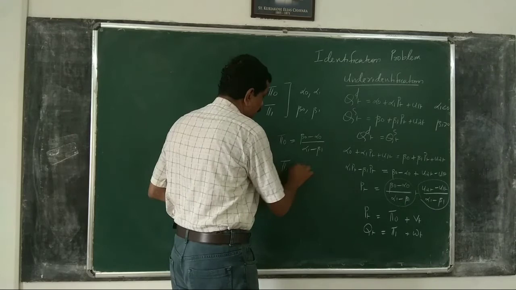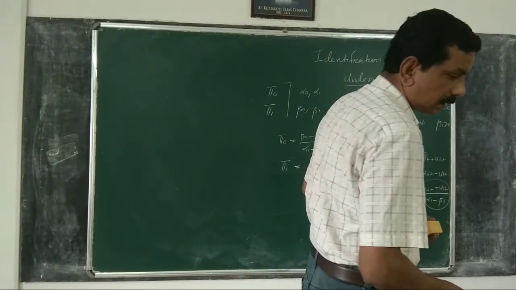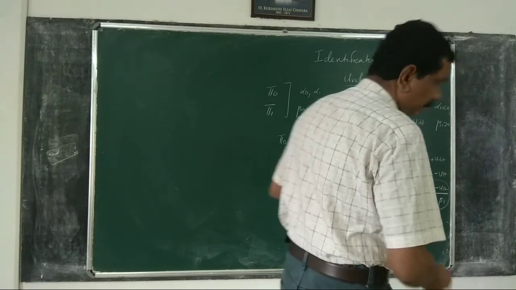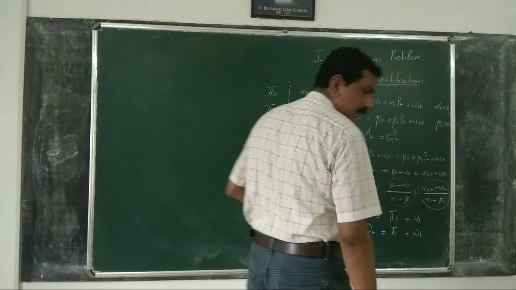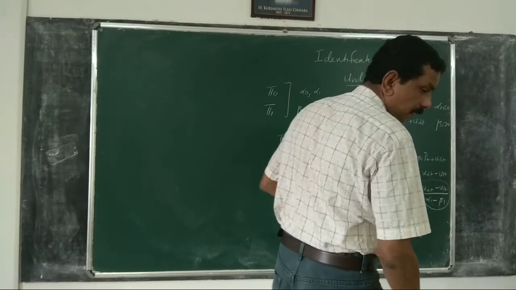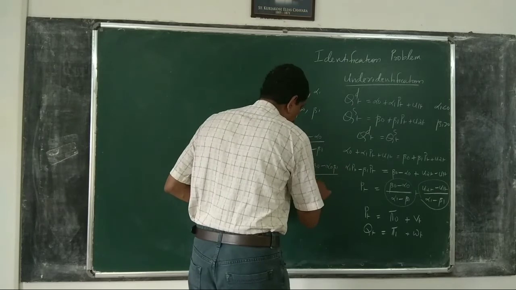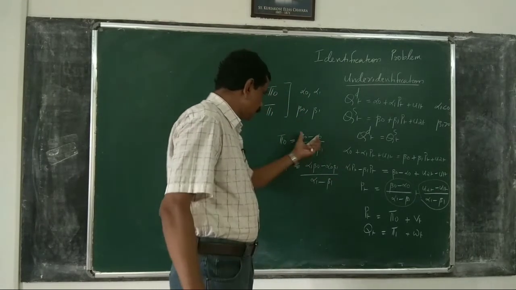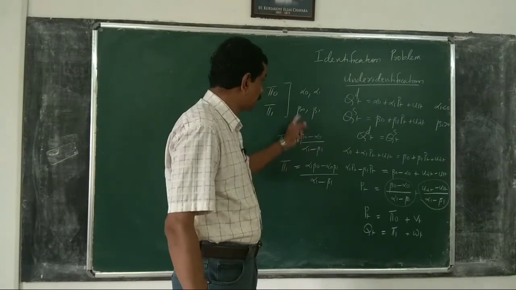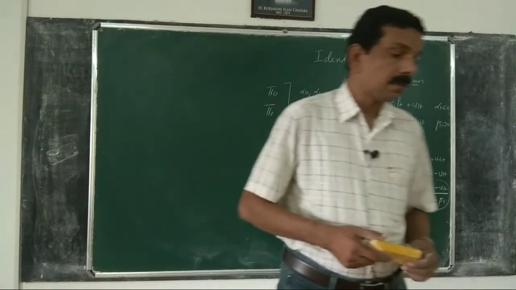Pi 1, as I have written, is equal to (alpha 1 beta 0 minus alpha 0 beta 1) divided by (alpha 1 minus beta 1). So we have two equations in four unknowns.